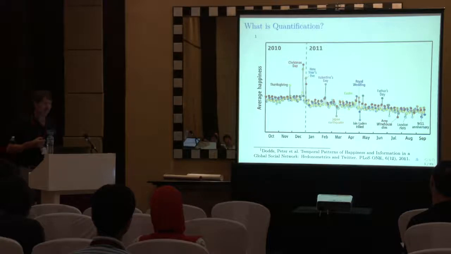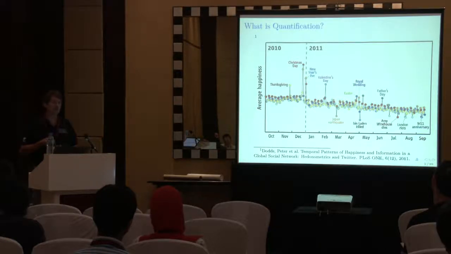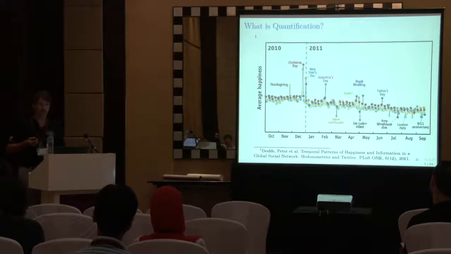As I said, these people actually applied a form of sentiment classification on Twitter. But what I would actually argue is that these people didn't do sentiment classification. They did sentiment quantification. These people were not interested in whether an individual tweet displayed happiness or unhappiness.